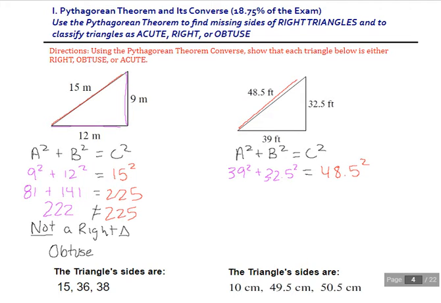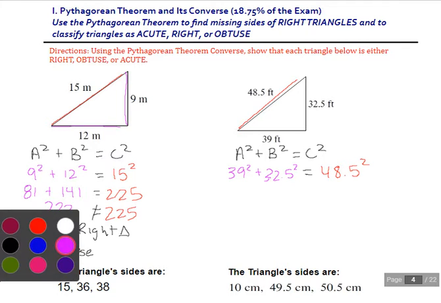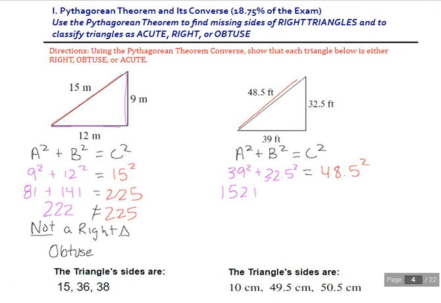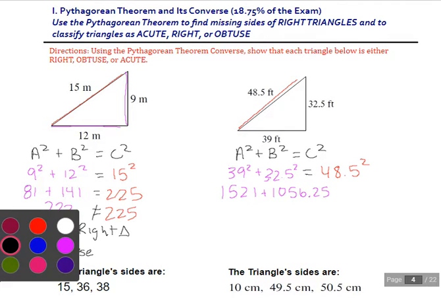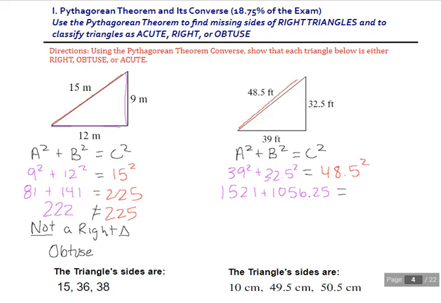Okay, so 39 squared gives me 1521. 32.5 squared.